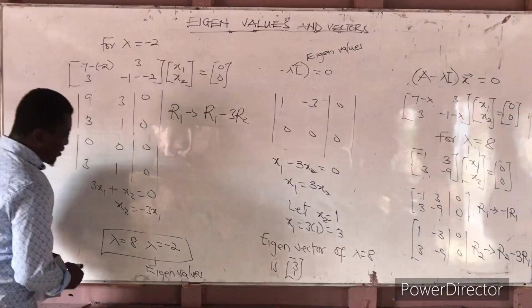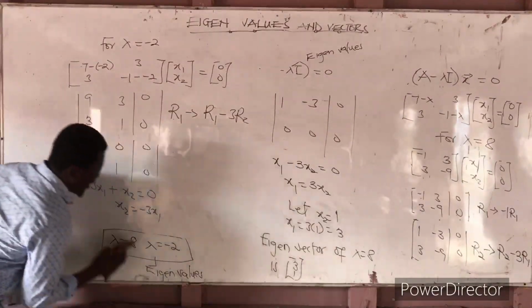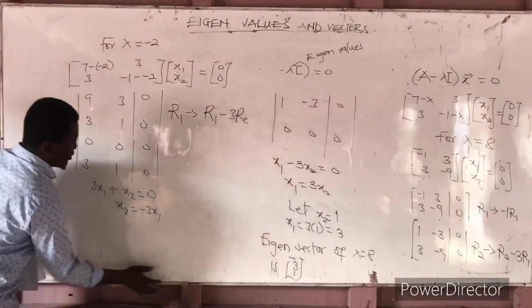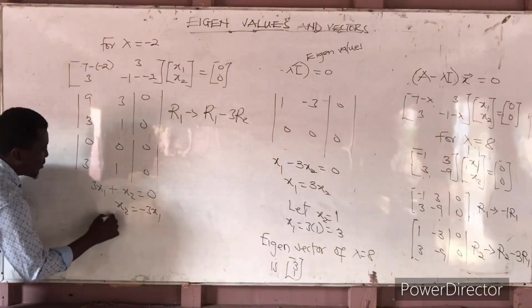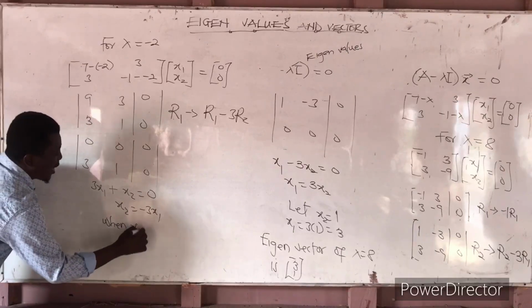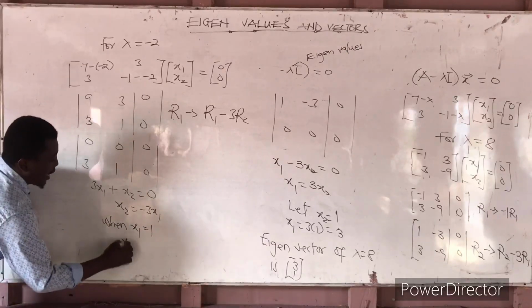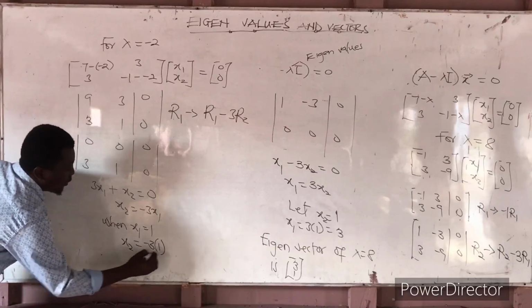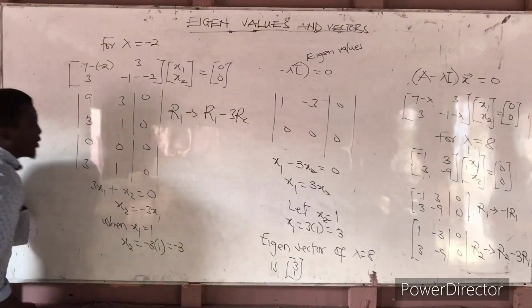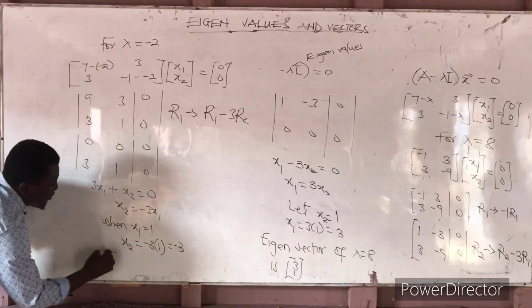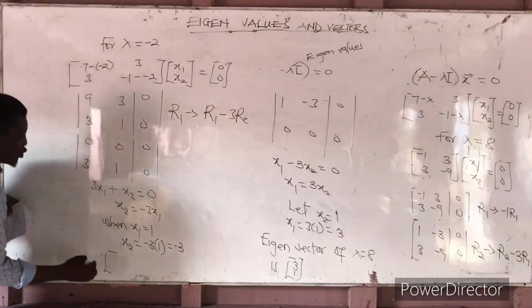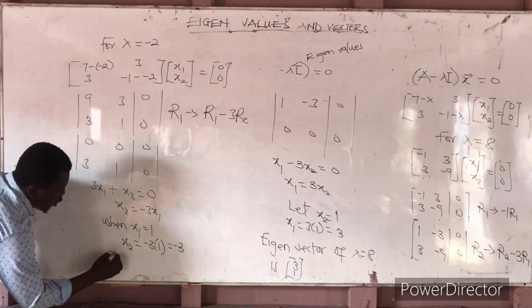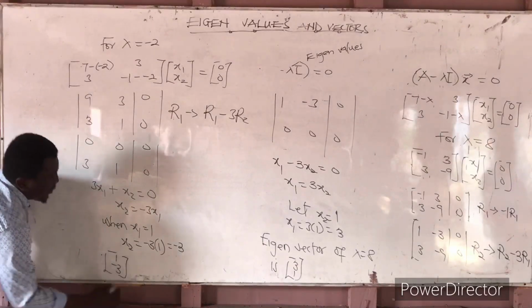Let me clean our board. You can say that when x1 is equal to 1, x2 will be equal to minus 3 times 1, which is minus 3. So it means our eigenvector for minus 2 is going to be 1, minus 3.